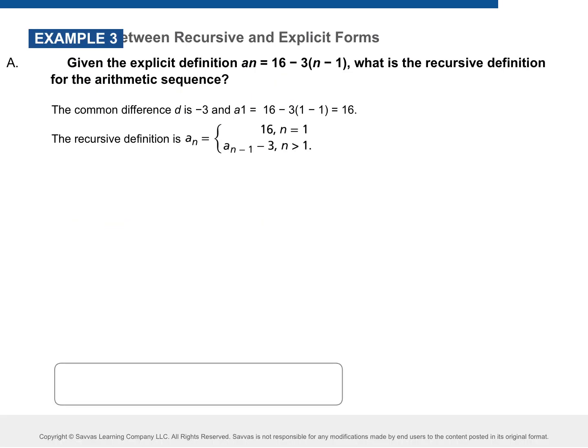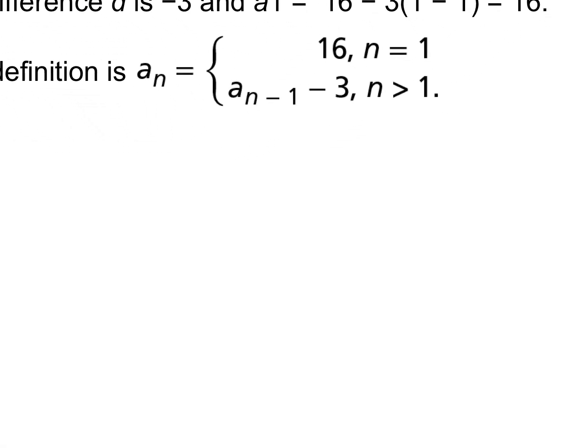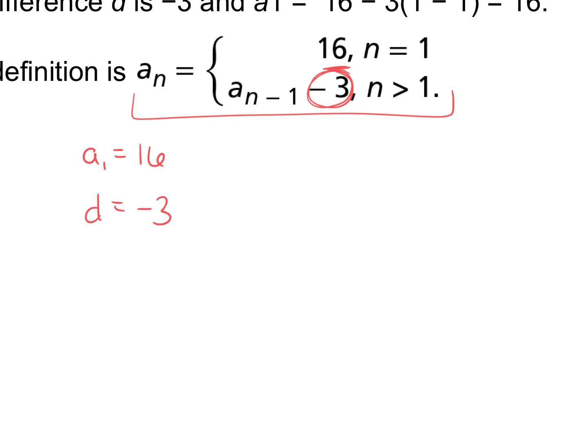So here, I want to go from here. You do not have to write this down because it's not in your notes yet. But here, what is my A1? 16. What is my common difference? Do I need the negative? Yes. Okay, when I have both of those things, I can write my explicit definition.